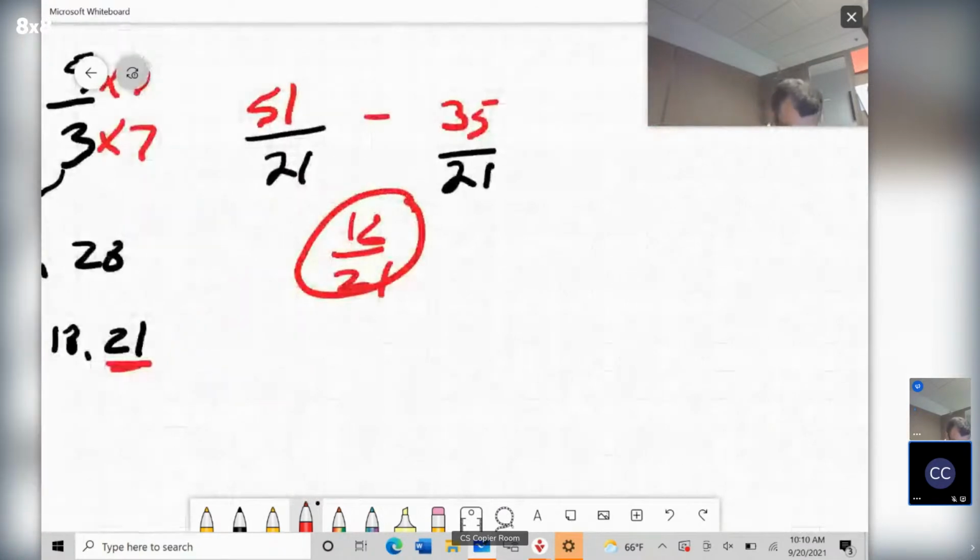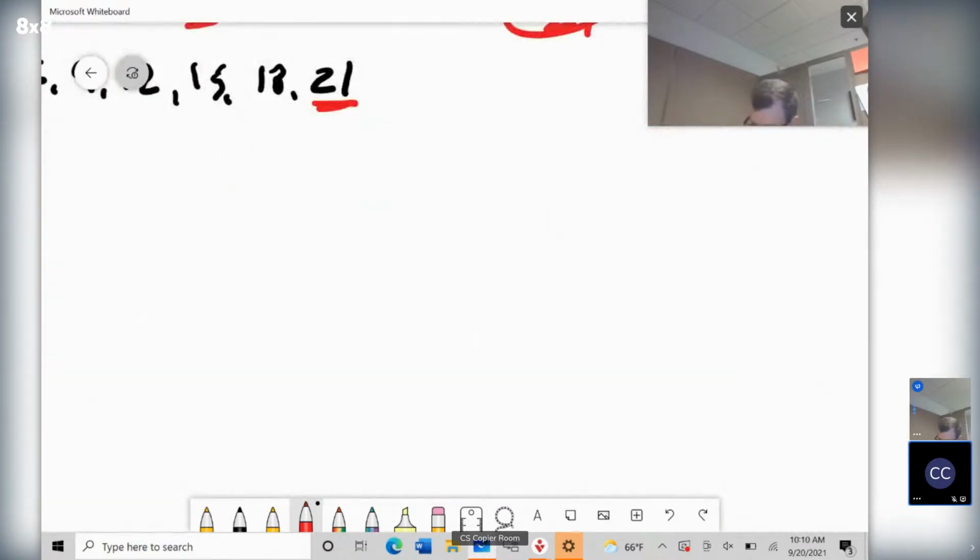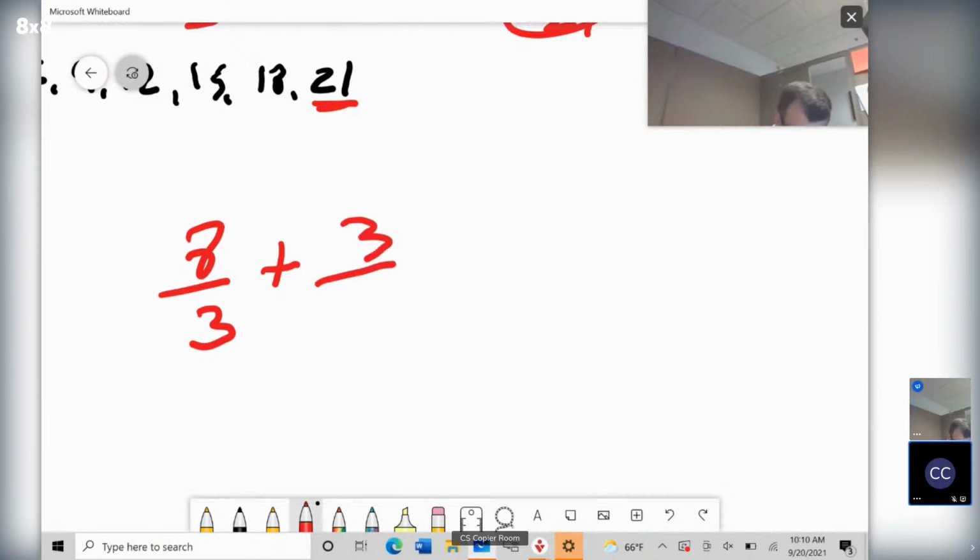Okay, so let's do another one here. Let's do 8 over 3 plus 3 over 2. Okay, this one's going to be a little bit easier because 3 times 2 is going to be 6. So 6 is going to be our common denominator.